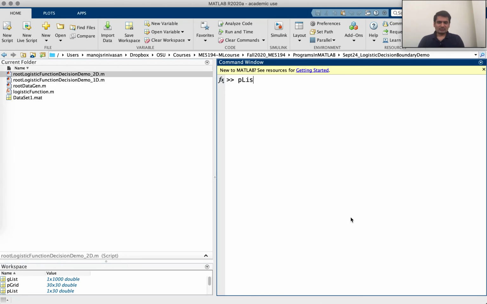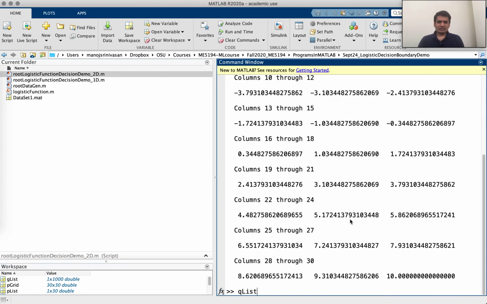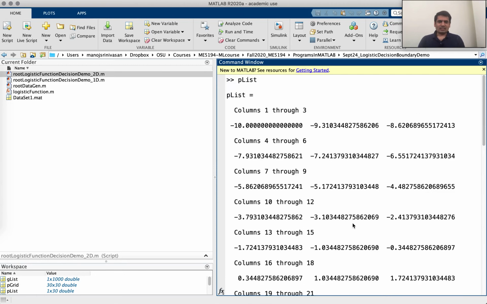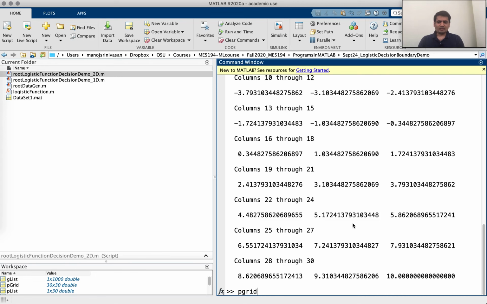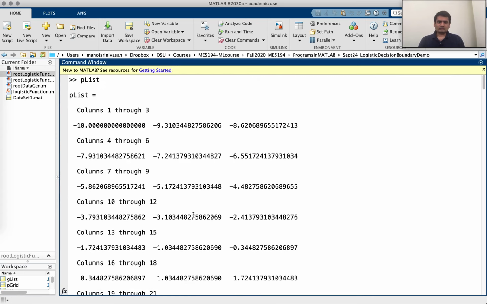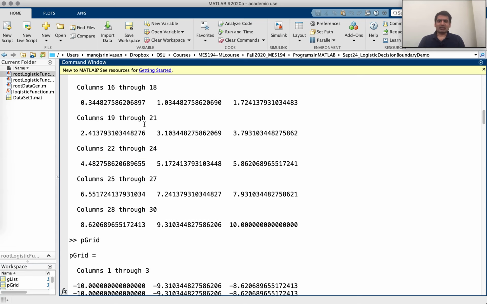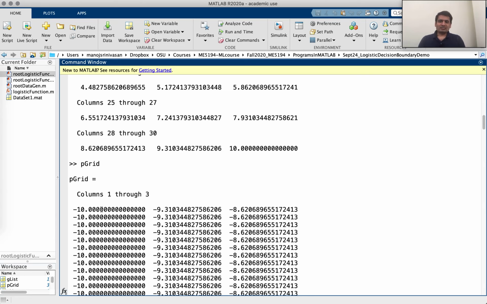So p list is just this minus 10 to 10, q list is minus 10 to 10, and then p grid basically goes from minus 10 to 10 on the x-axis, and q grid minus 10 to 10 on the y-axis.